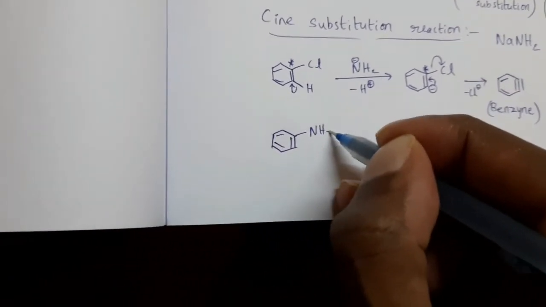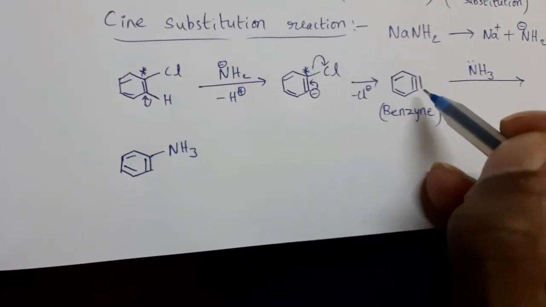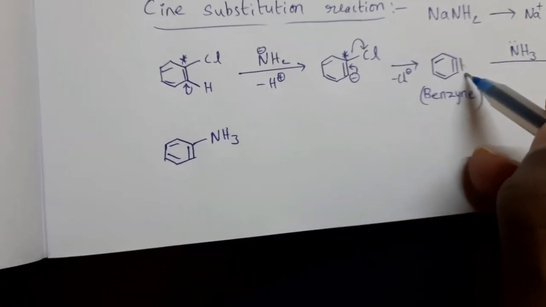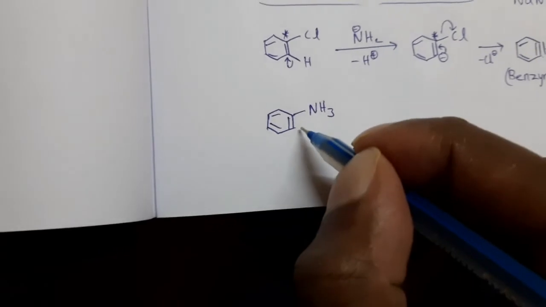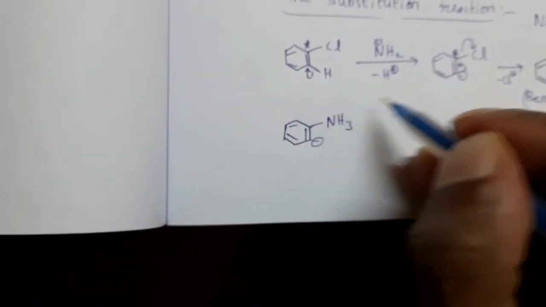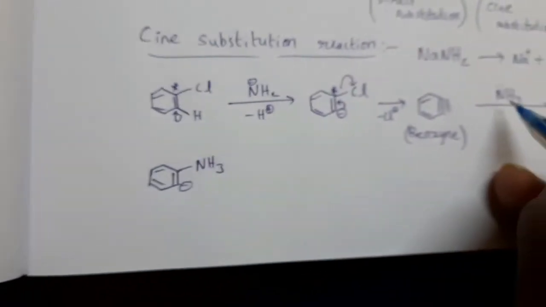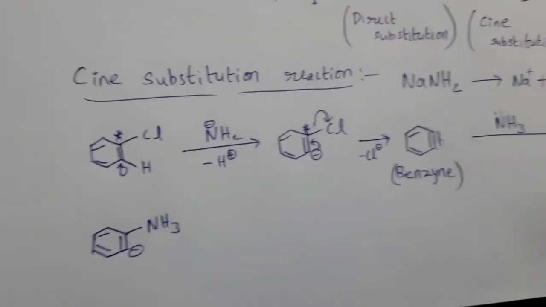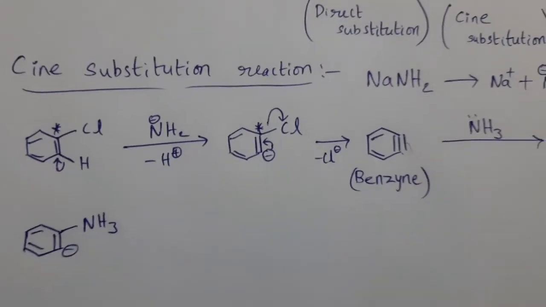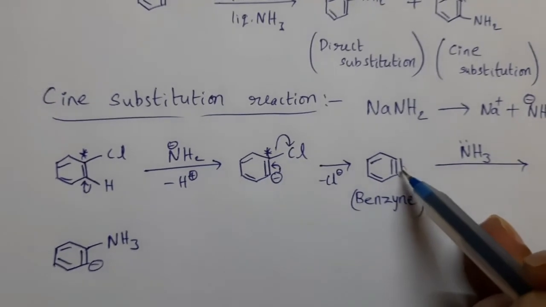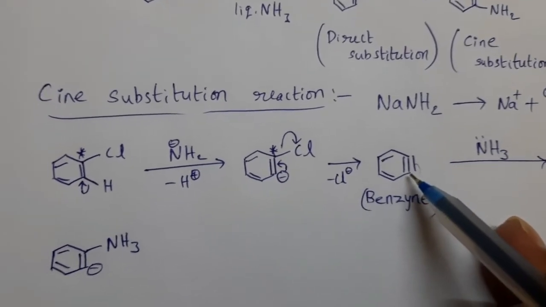Here NH3. That means these triple bond electrons are shifted to this carbon atom. Then negative charge is developed here. NH3 has a lone pair of electrons. See carefully. These triple bonded electrons are shifted to this carbon atom.